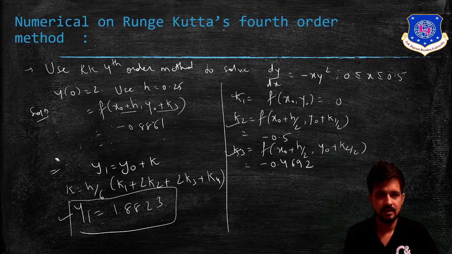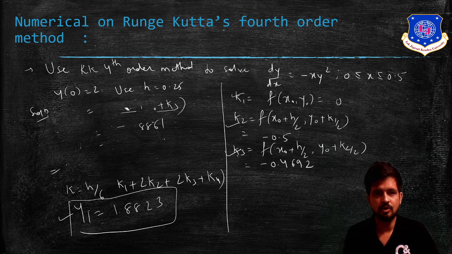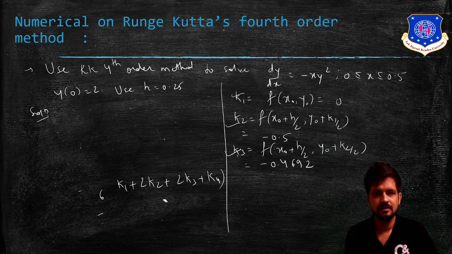How we can find the value of y2? For y2, the formulas will change. In place of x0, y0, we have to take x1 and y1. Let me erase this. We will solve it.